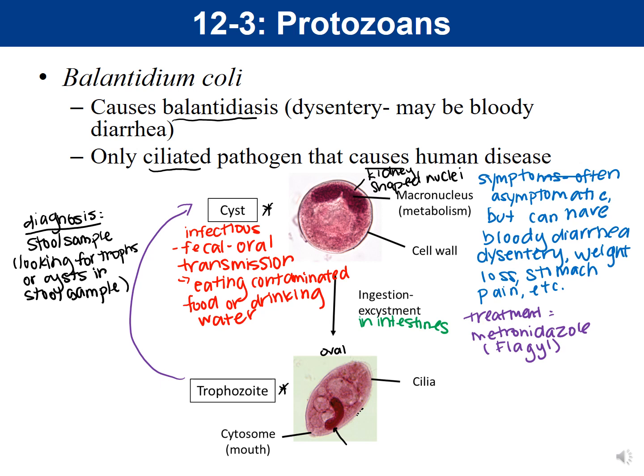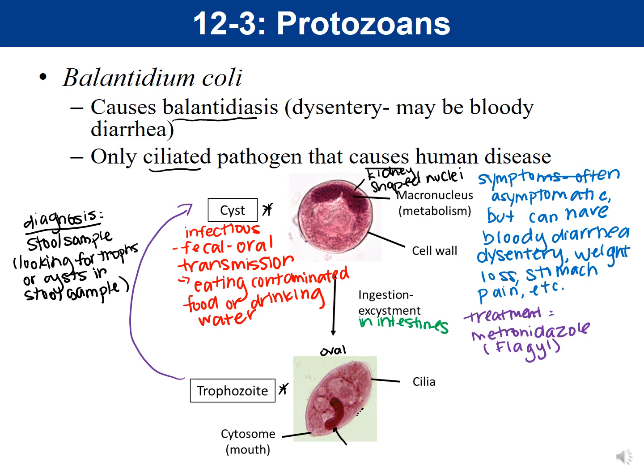They both have the cyst stage as being infectious. That fecal-oral contamination is by eating contaminated food or water. The cysts undergo excystment in the intestines. The troph is found in the intestines, and because this also burrows through the intestines, the symptoms are very similar. So again, that bloody diarrhea, treatments are the same, diagnosis is the same.